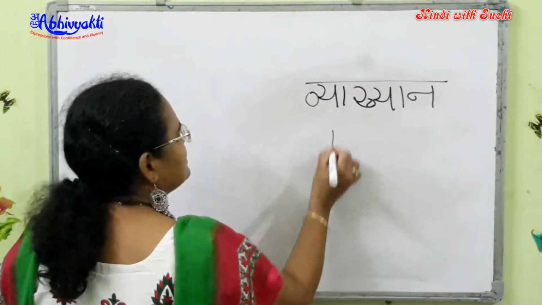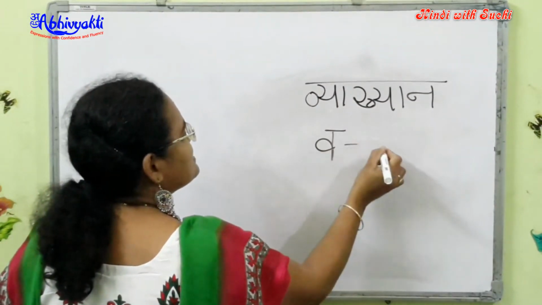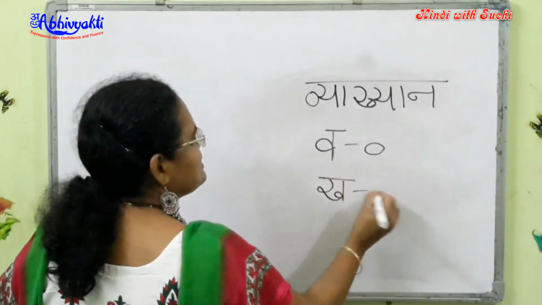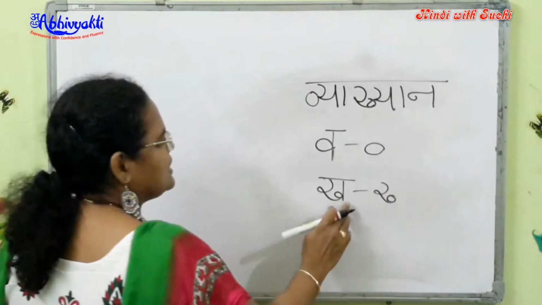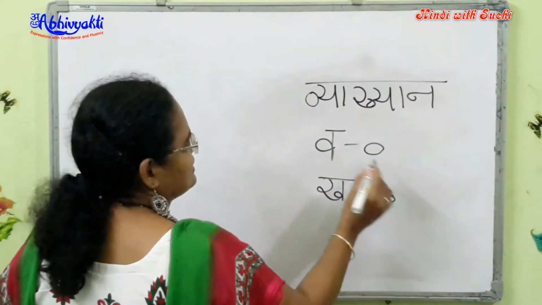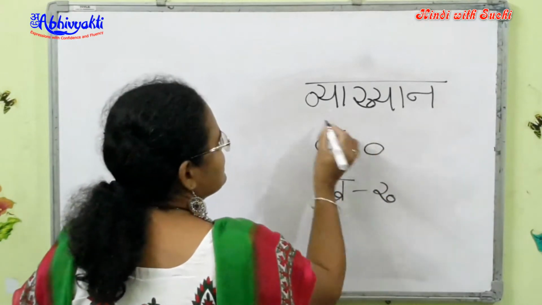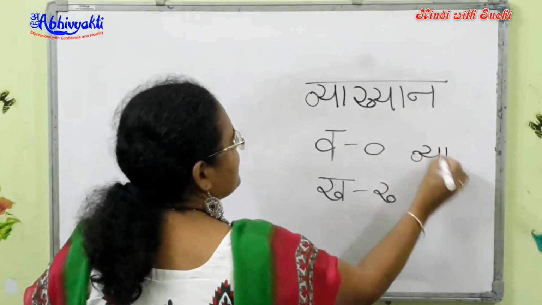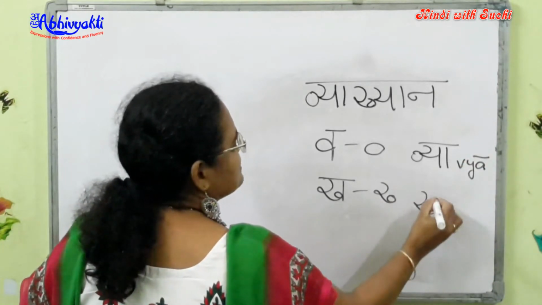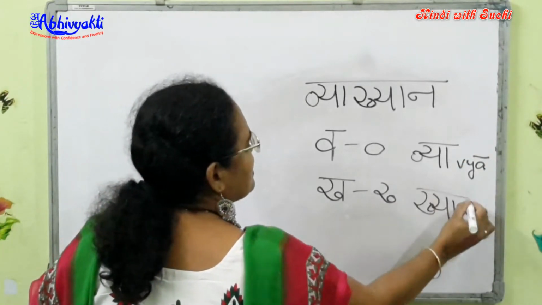I have the va without the stem as in a circle and the kha again without the stem. So just again kha without the circle, so it looks like the two and a circle. So this is vya, and this would be kya.